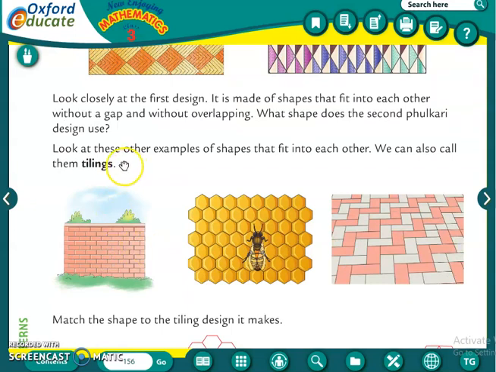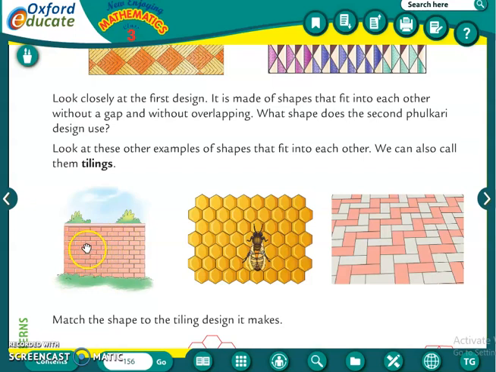Now here other figures are there. Look at these other examples of shapes that fit into each other. We can also call them tilings. See, whenever people are building their houses, see the pattern of the bricks, it is like this.